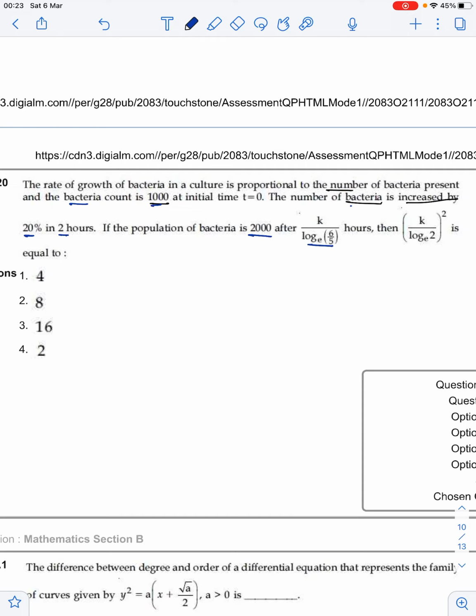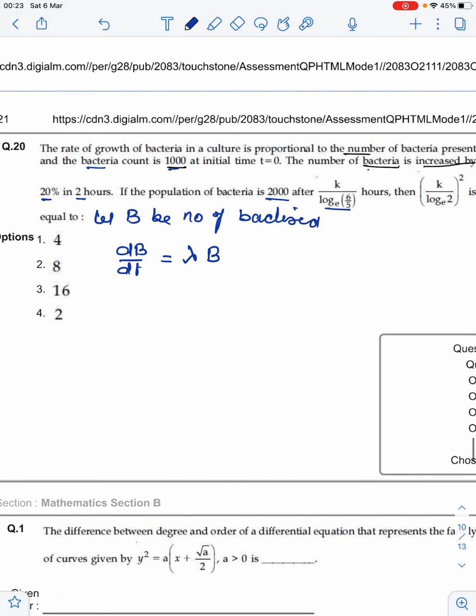Then find this value. So let B be the number of bacteria. So we can say that the rate of change of B is lambda times B, where lambda is obviously the proportionality constant.